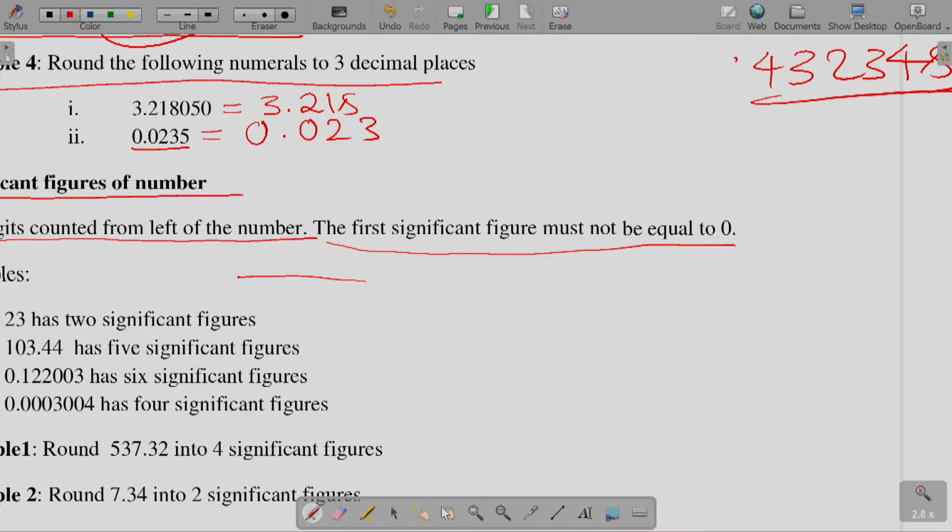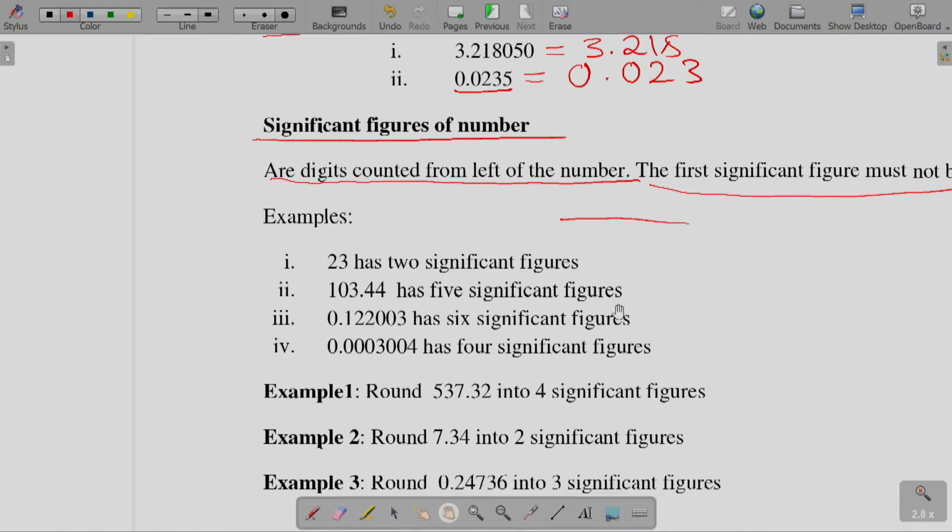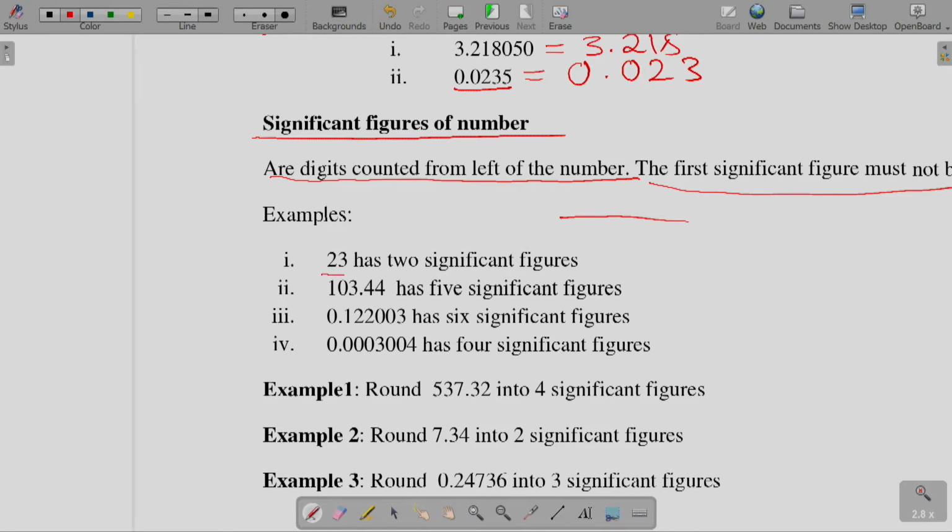Example, this number, 23, has two significant figures.